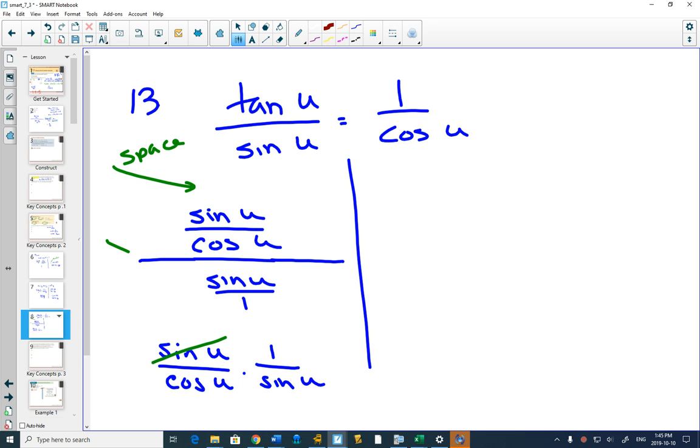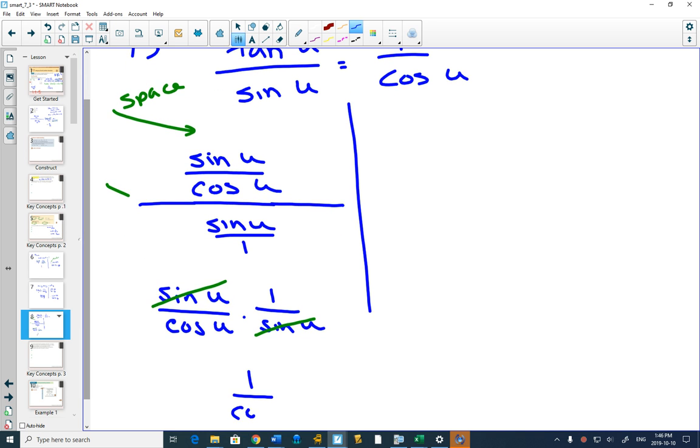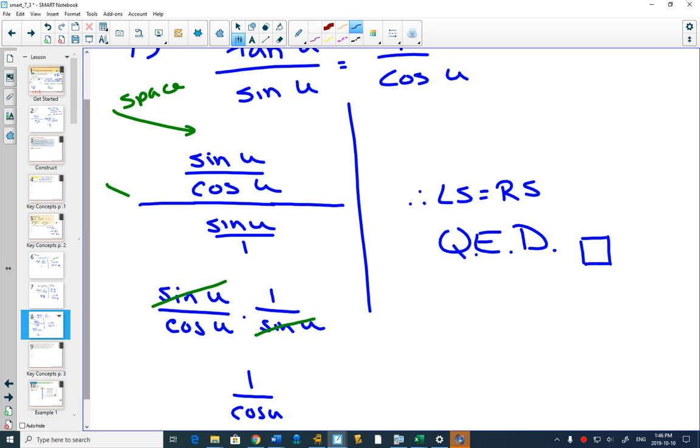I have a factor in common which can simplify. And now my left side is equal to my right side. So I can write my statement. And we're done.